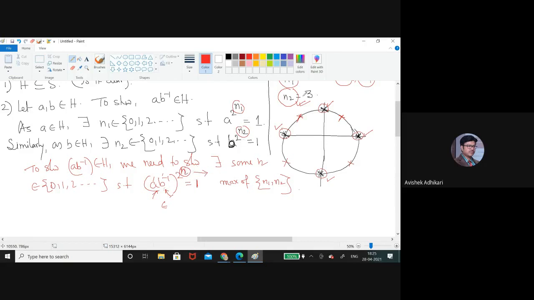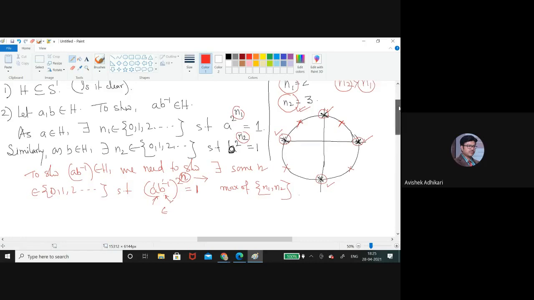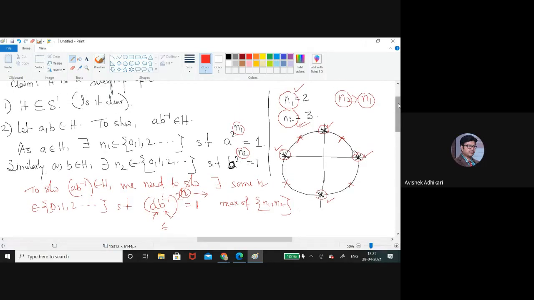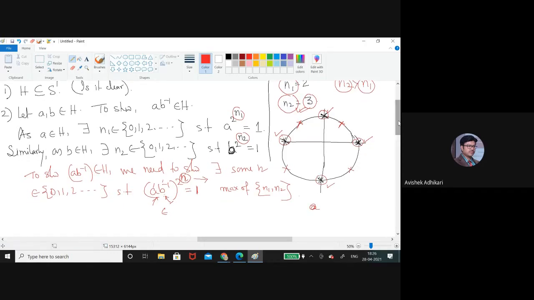For example, in this case, if I consider n1 to be 2 and n2 to be 3, then if I consider 3, say A. How many elements are there for A? A belongs to which set? 1, i, minus 1, minus i, right?